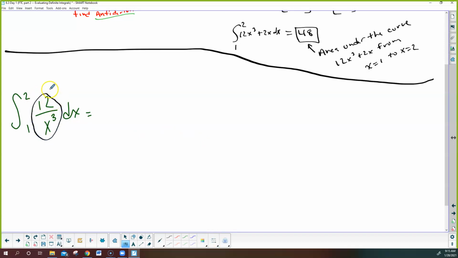That's not a friendly form, so we just need to rewrite. Notice, I'm not going to change the integral at all, but I'm going to rewrite this. I'm going to take this x to the 3rd, and we're going to move it up out of the denominator.